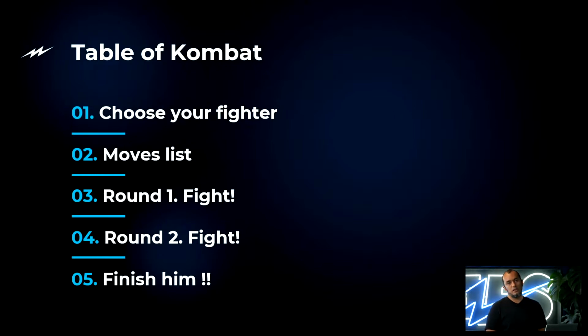In part two, the moves list, we are going to see some features and compare them. In part three, we are going to have a performance comparison. Then in part four, we are going to talk a little bit about ahead of time compilation, a new feature of GraalVM. And in the last part, part five, we will see who is the winner.